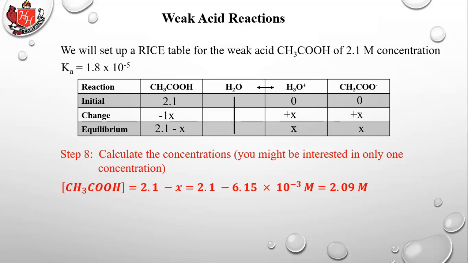So it would have essentially been the same answer, and that's why you eliminated the x in the first place, because it didn't change the amount of CH3COOH. Very little of the CH3COOH broke up, dissociated, and turned into those products on the right. Okay, and then for H3O+, it's simply x equals 6.15 times 10 to the negative third. Same with the acetate ion, it says Cl-, that's a typo. It's the acetate ion there, CH3COO-.